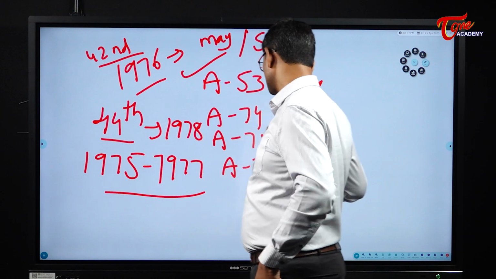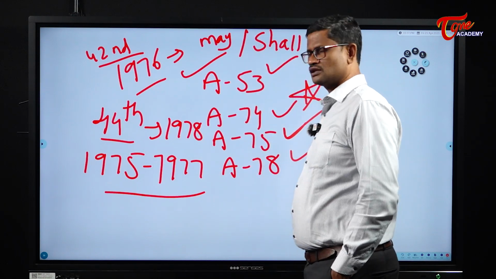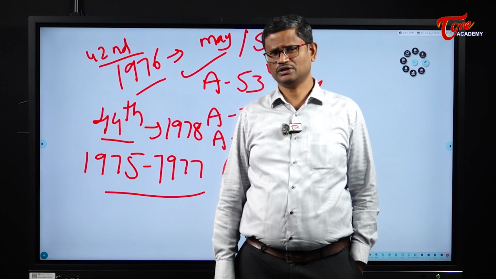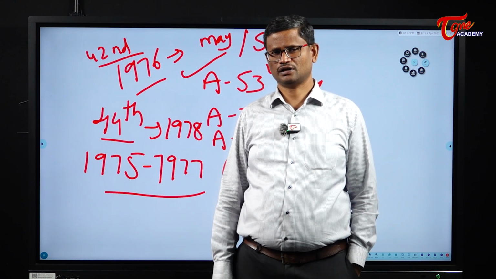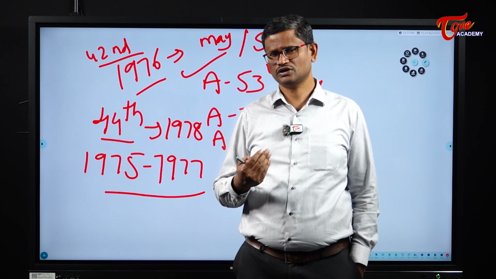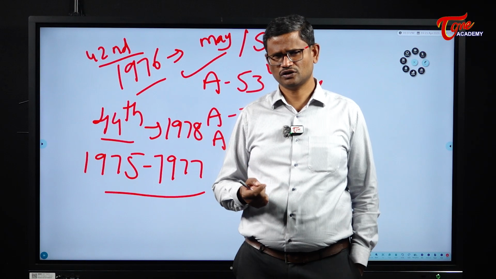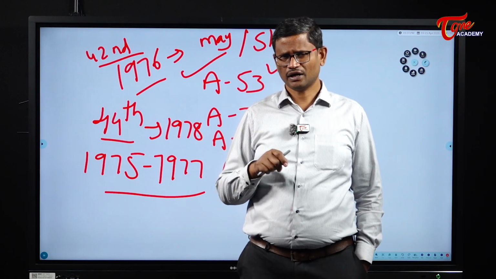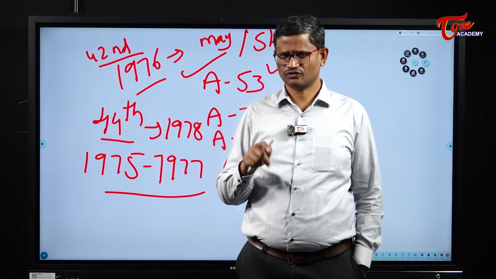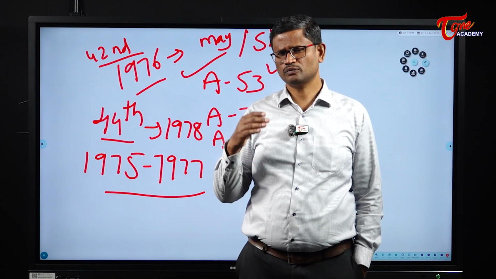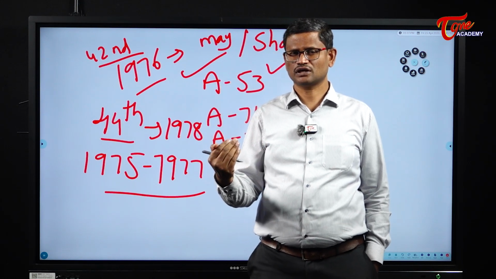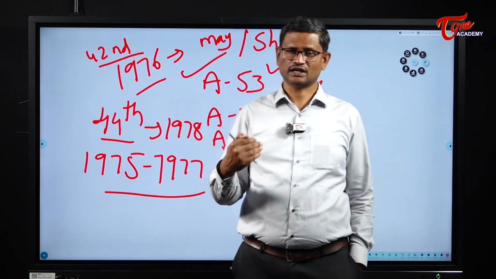Then Article 75 says that the Prime Minister is appointed by the President. On the advice of the Prime Minister, the other ministers are appointed. And I told you, the size of the Council of Ministers is fixed at 15% of the total strength. And Article 75 also says, a member of Parliament who is disqualified under anti-defection law will also become disqualified to be a minister till he gets re-elected.